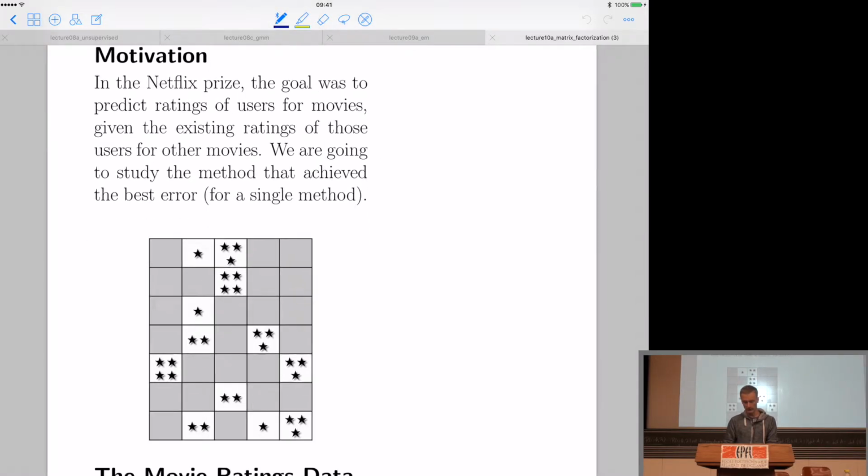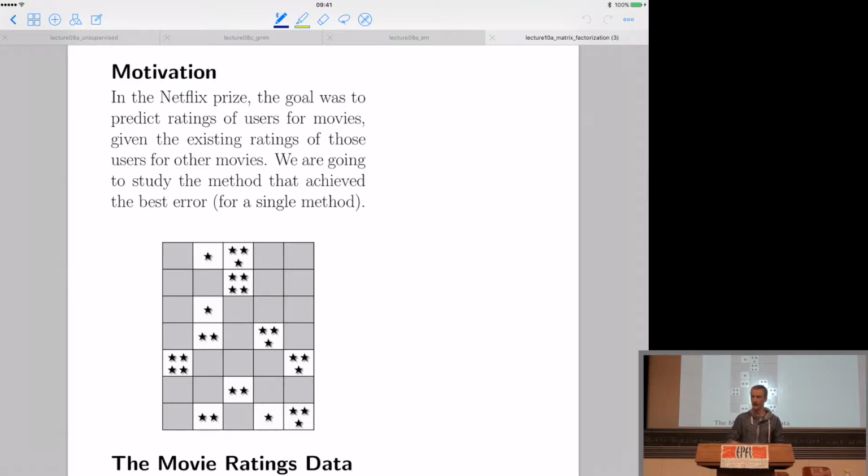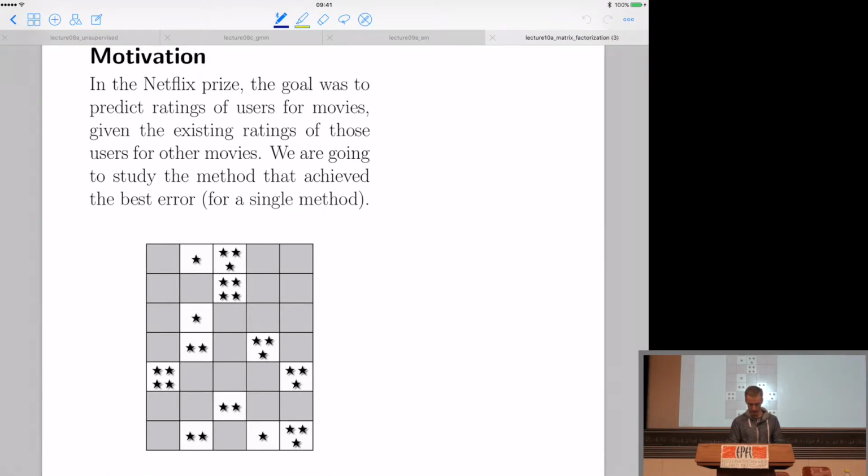So here's something which is related to unsupervised learning, but not quite, so it's a bit in the middle. We want to look at matrix factorizations, which I introduced a little at the beginning when we started unsupervised learning.